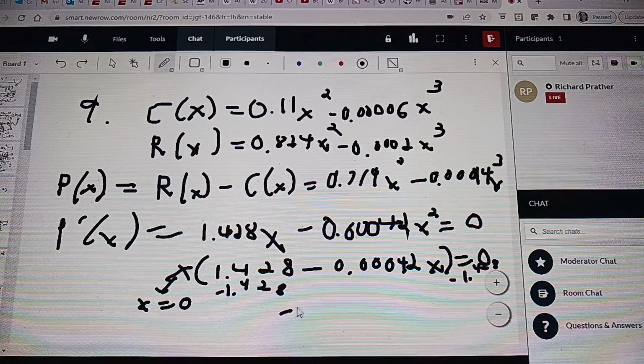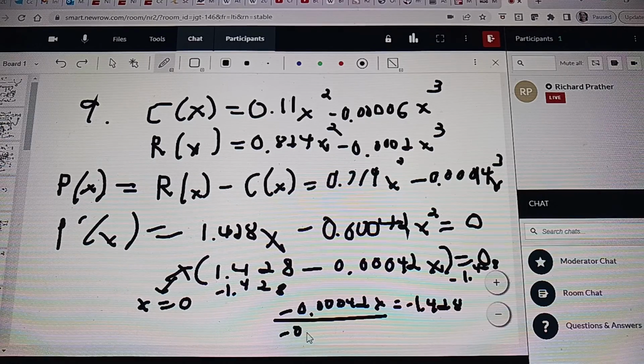And you'll get negative 0.00042x equals negative 1.428. Divide both sides by negative 0.00042.